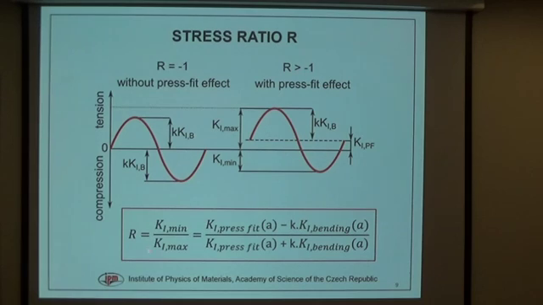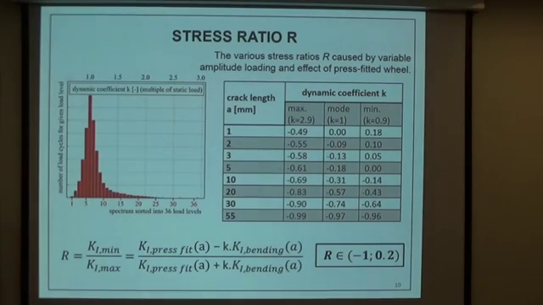And the question is, how big is the effect of the variable stress ratio during the loading operation on the calculated residual fatigue lifetime? The critical part of the whole residual lifetime is given by the crack growth from 1 millimeter up to, let's say, 55 millimeters.